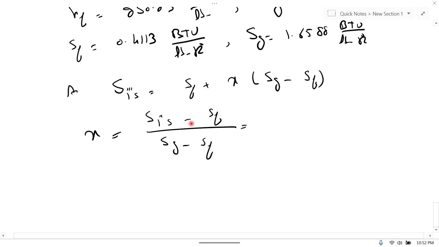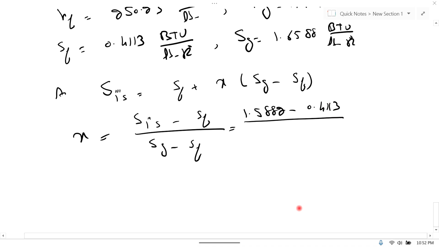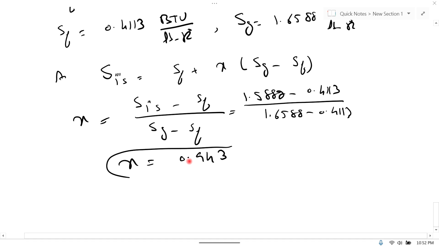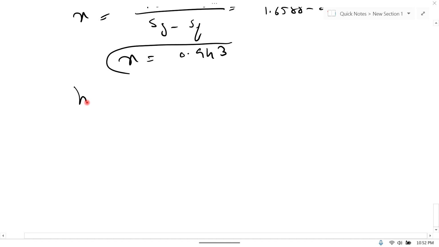Putting values, S1 triple dash S is 1.5882 minus Sf, 0.4113, divided by Sg, 1.6588, minus 0.4113. So the dryness fraction is equal to 0.943.